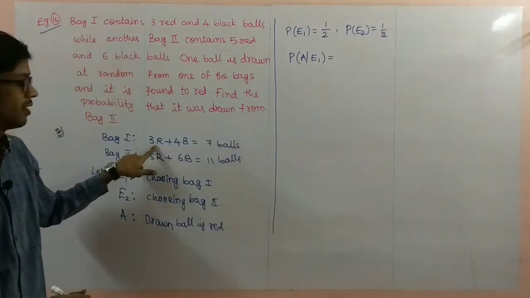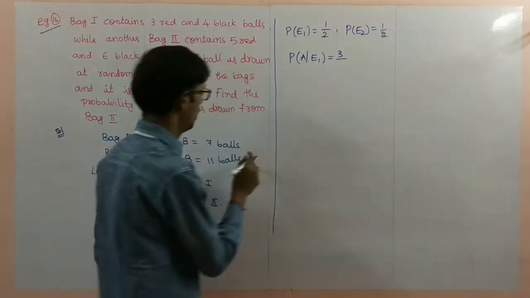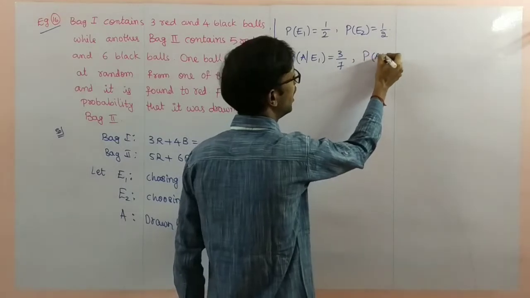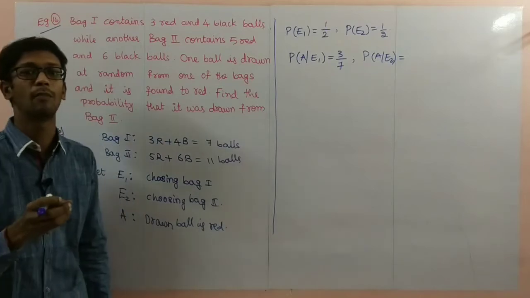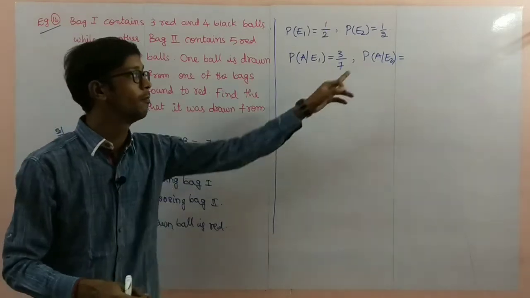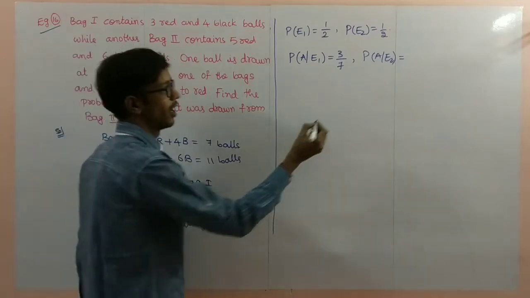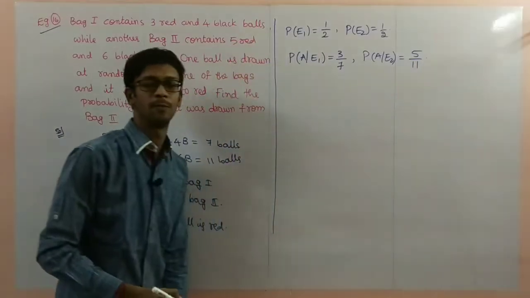How many red balls are there in bag 1? 3 red balls. Favorable by total, 3 by 7. Next, probability of A by E2: the probability of a red ball from bag 2. How many red balls are there in bag 2? 5 red balls, so 5 by total 11.